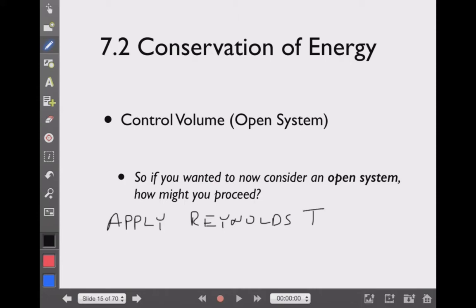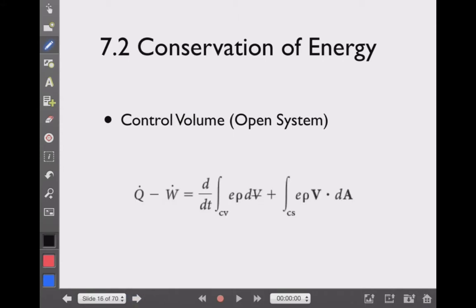This is what we ought to do. So if we look now at the equation for that, this is what we have. We've applied the Reynolds transport theorem, control volume, to an open system.